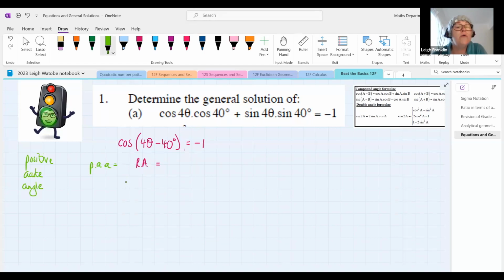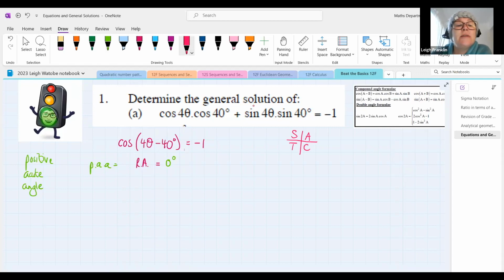So your RA or your PAA has to be a positive acute angle. In this case, you are quite right, guys. It is 0 degrees. Okay, now that we have our PAA, we are looking at our ratio, which is -1, and we are thinking about the cast diagram.